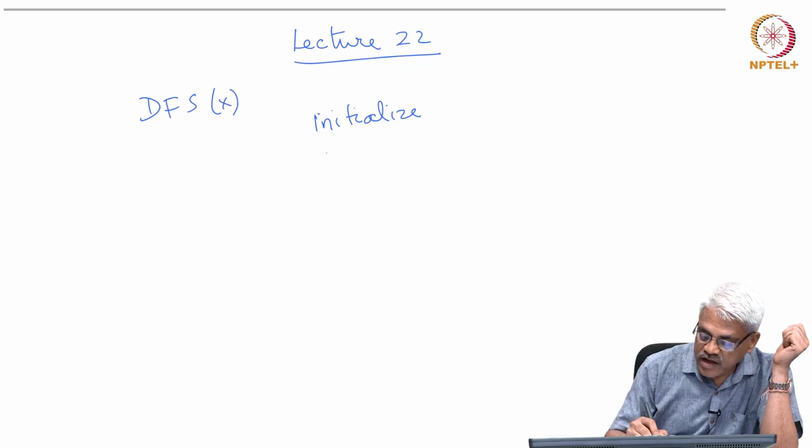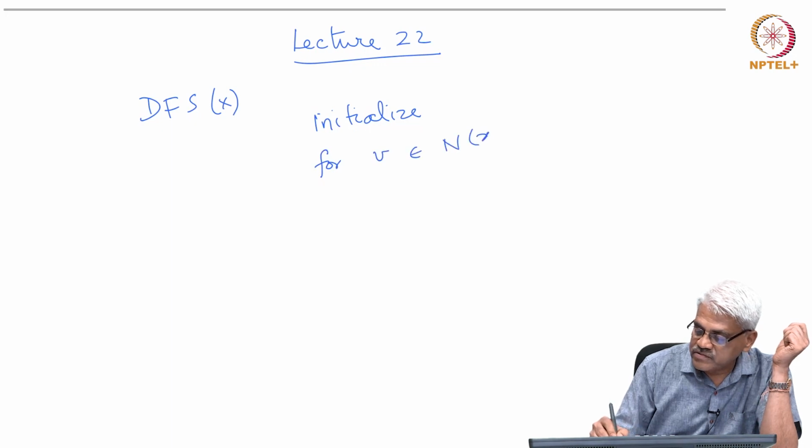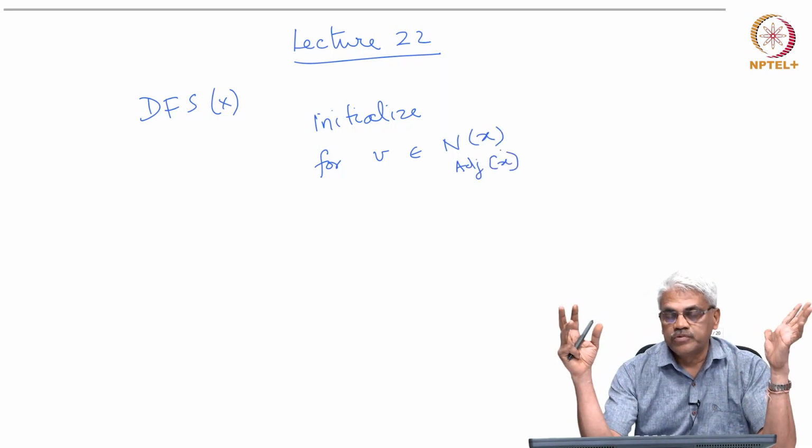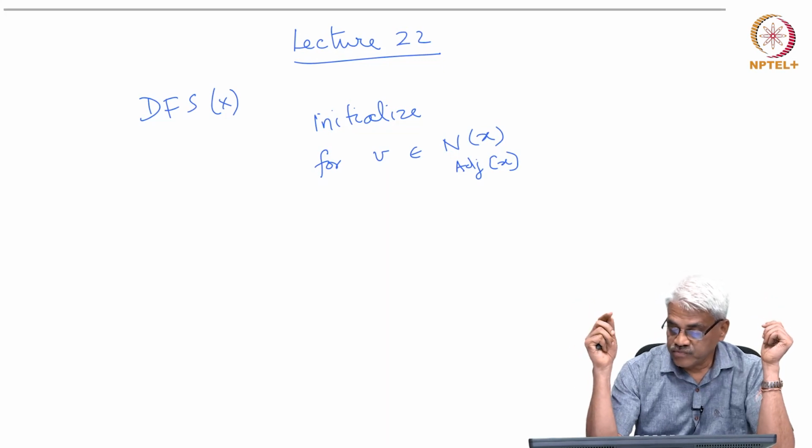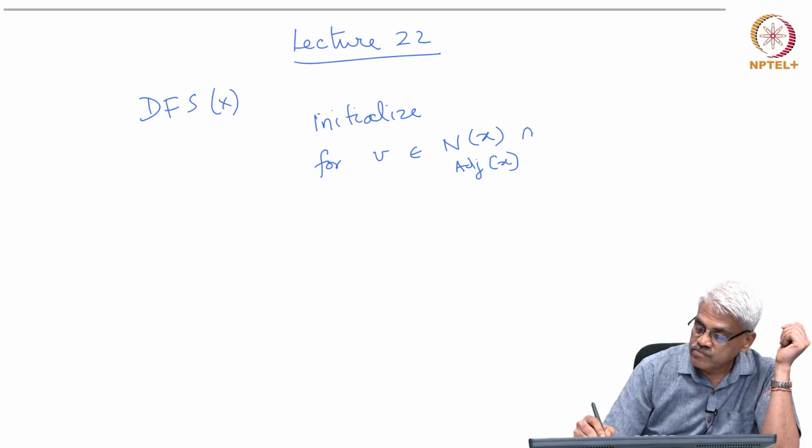And then after that, I said for every v in the neighborhood of x, this is what we called adjacency x in the adjacency list. In BFS, we said just add it to the queue if it's white.